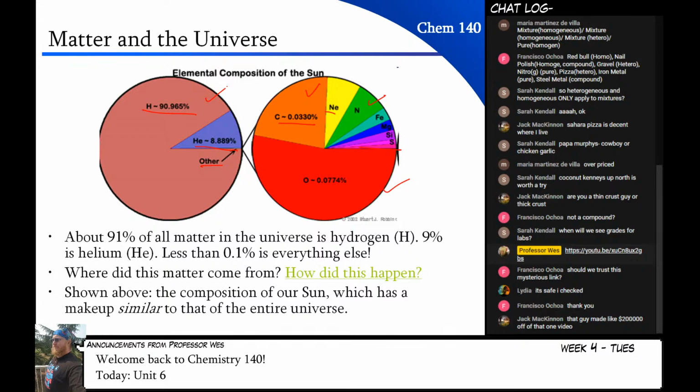Now, specifically speaking, the data that I have here is for the sun, so the universe is similar to this, but not exactly like this. There are many stars that have already exploded. The sun is not going to go supernova anytime soon. If it was, it would be much less hydrogen and much more helium and iron and other heavier elements.